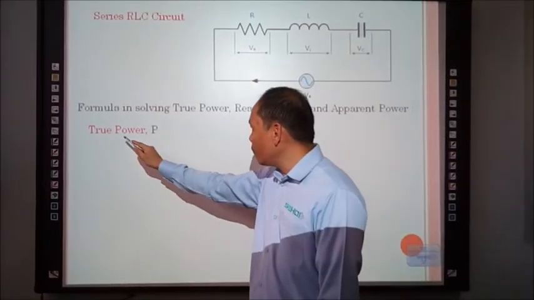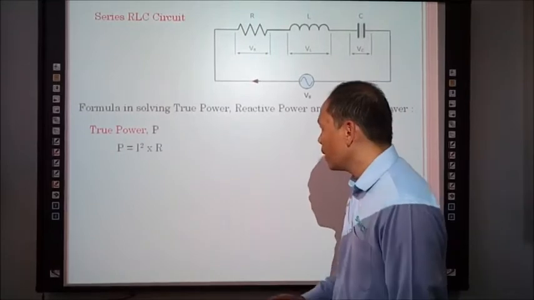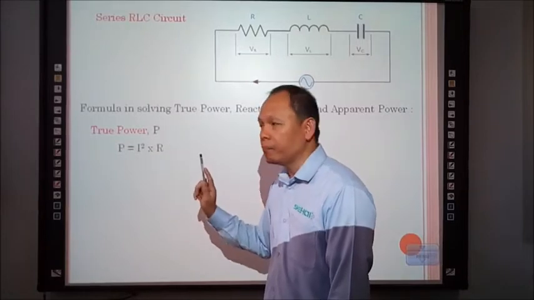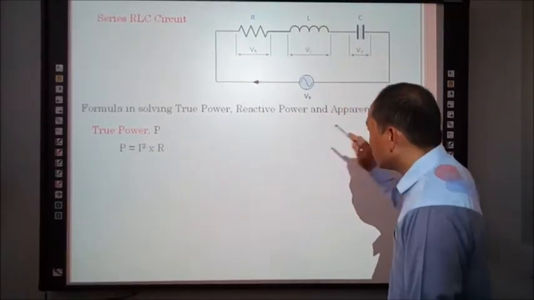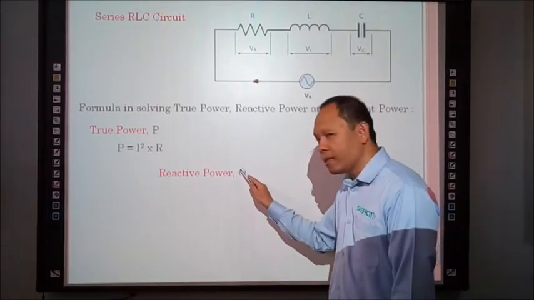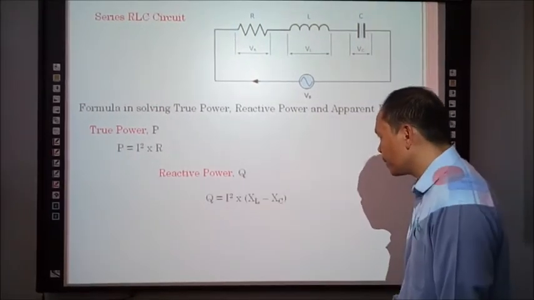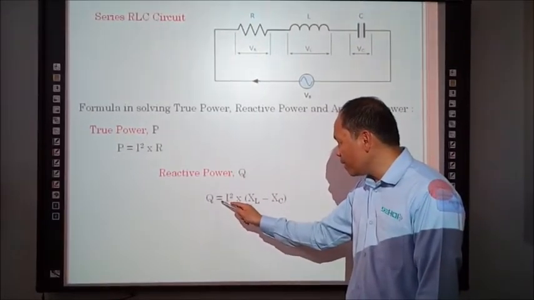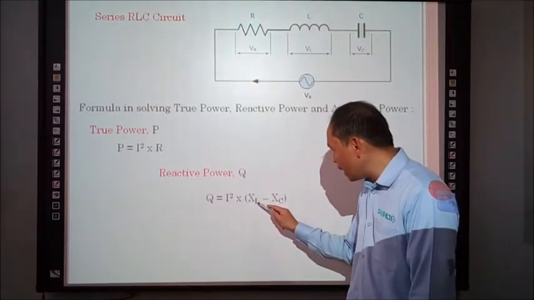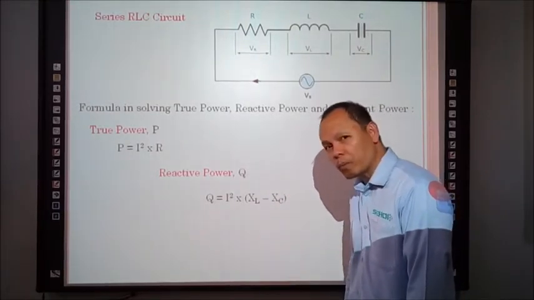The symbol of true power is P, and the formula is P is equal to I squared times R. Then the reactive power, and this is the symbol of reactive power, which is Q. The formula is reactive power is equal to I squared times, open parenthesis, inductive reactance minus capacitive reactance, close parenthesis.